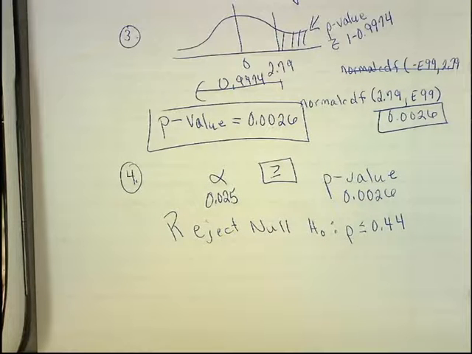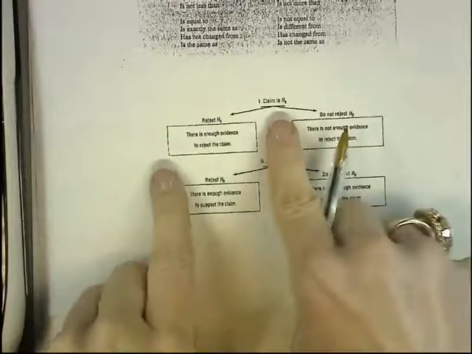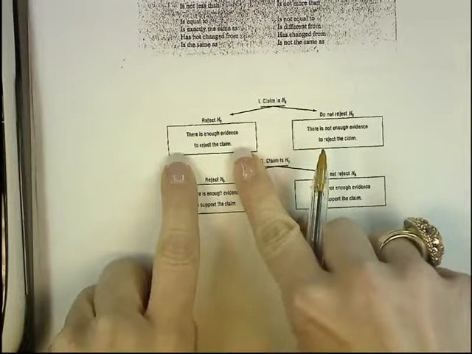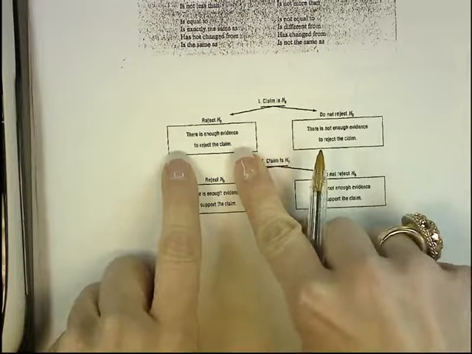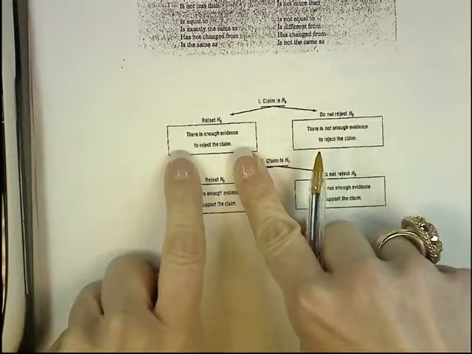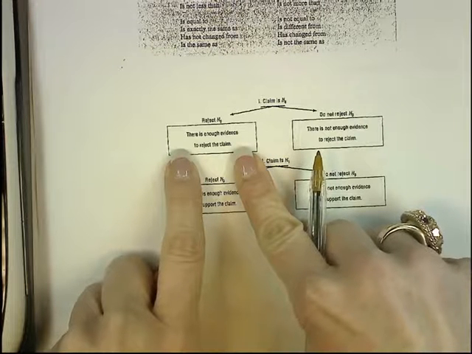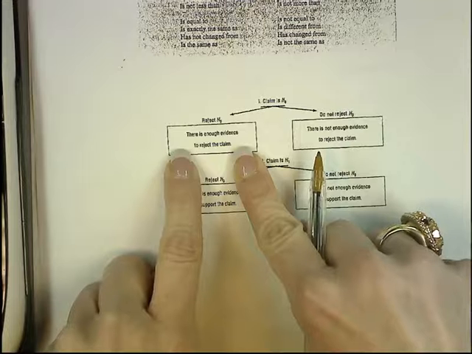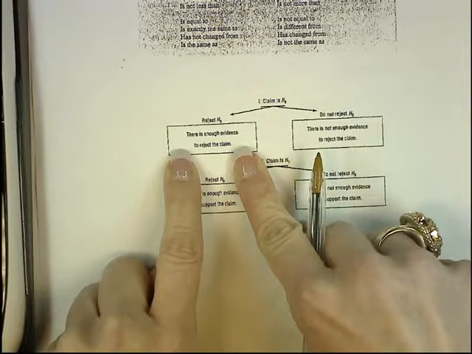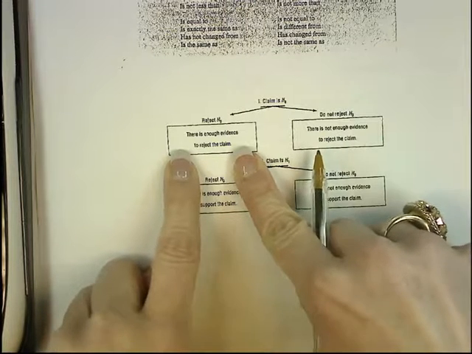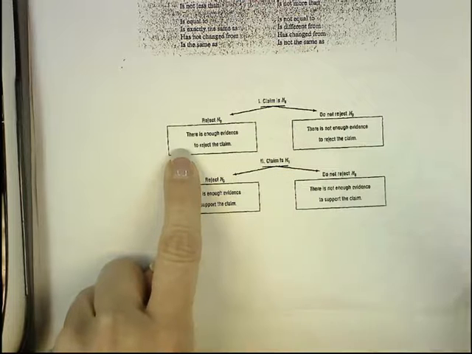So reject the null, which is our claim. What does that mean about the claim? What is the summary statement? Going to the diagram, the claim is the null, reject the null. There is enough evidence to reject the claim that P is at most 44%. There is enough evidence to reject the claim that the proportion of people who respond to sweepstakes, the mailing, is at most 44%.